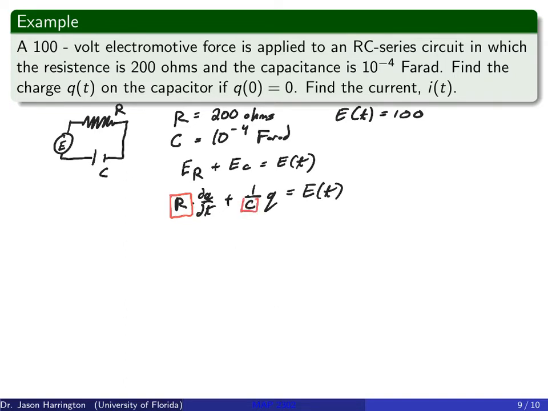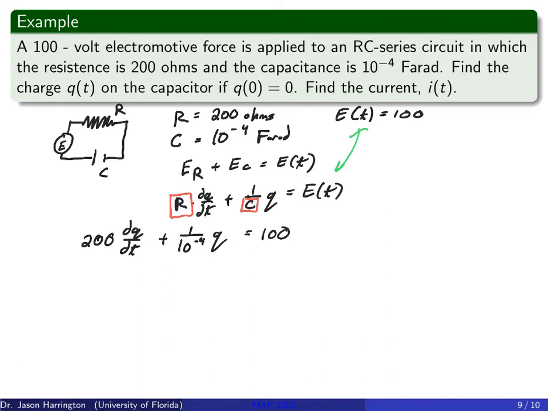These two are just constant, and what's really nice about this first example is that the electromotive force is actually also constant. So if I make my substitutions, R is 200, so I have 200 dq over dt plus 1 over 10 to the negative 4 times q, and that's equal to 100.